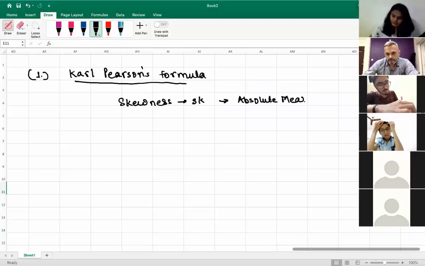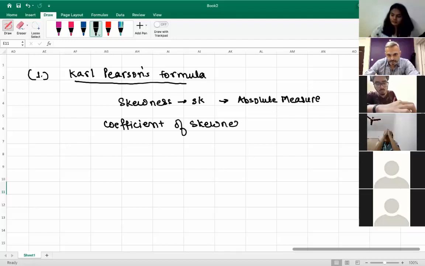So we cannot use it for comparison. For comparison, we always use coefficient. So we find out coefficient of skewness, which is a relative measure. All coefficients are relative measures.